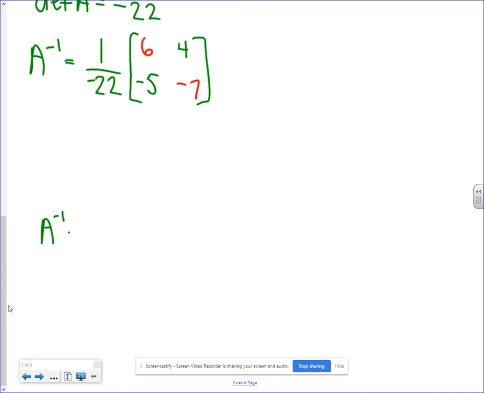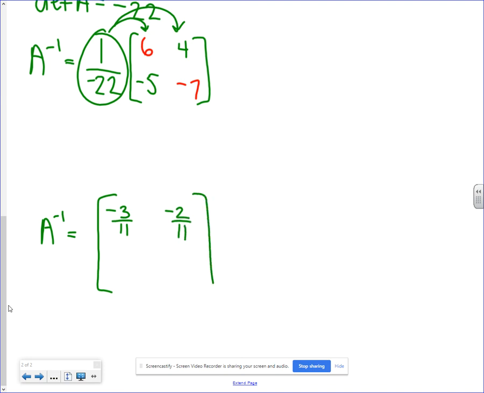The inverse of A would be 1 over negative 22 times 6. So that's going to be negative 3/11. 1 over negative 22 times 4. That would be negative 2/11. 1 over negative 22 times negative 5 would be positive 5 over 22. And then 1 over negative 22 times negative 7 would be positive 7 over 22.